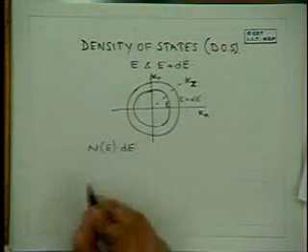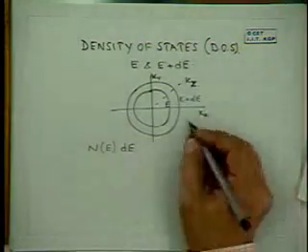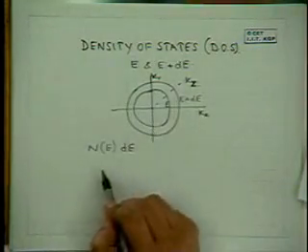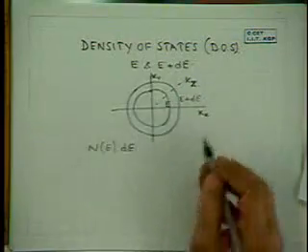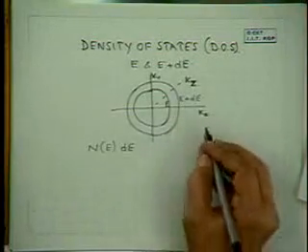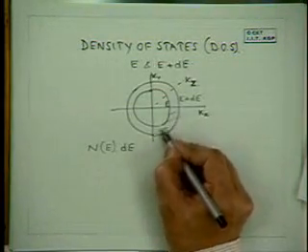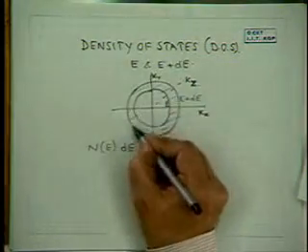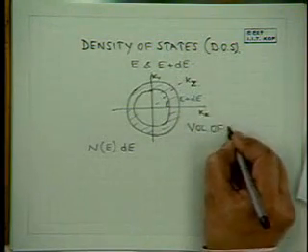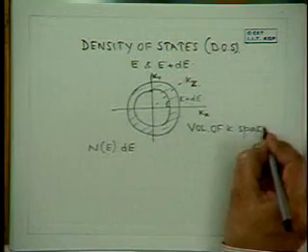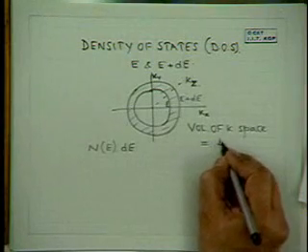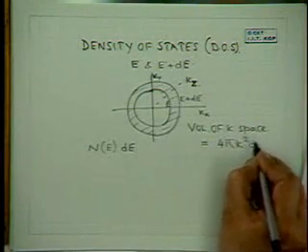We want to calculate N(E) dE. Now, looking at these spheres of constant energy in momentum space, we know that the surface area of the sphere is 4 pi k squared, and therefore the volume of k space between the spheres of energy E and E plus dE is 4 pi k squared dk.